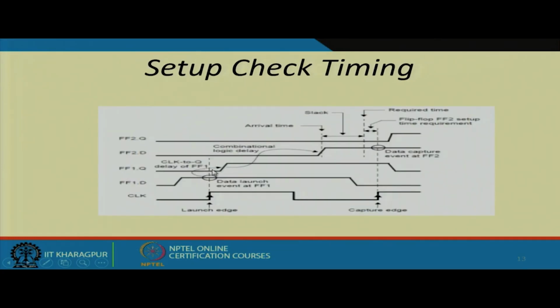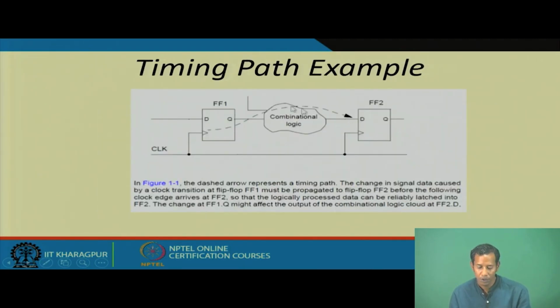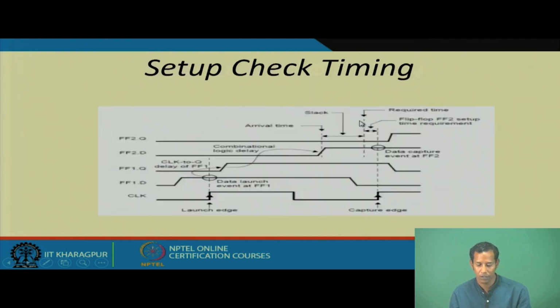Why after some time? Because of the clock to Q delay of flip flop 1. Then the output of flip flop 1 will be the input to the combinational logic, and after that it will be the input to the second register.